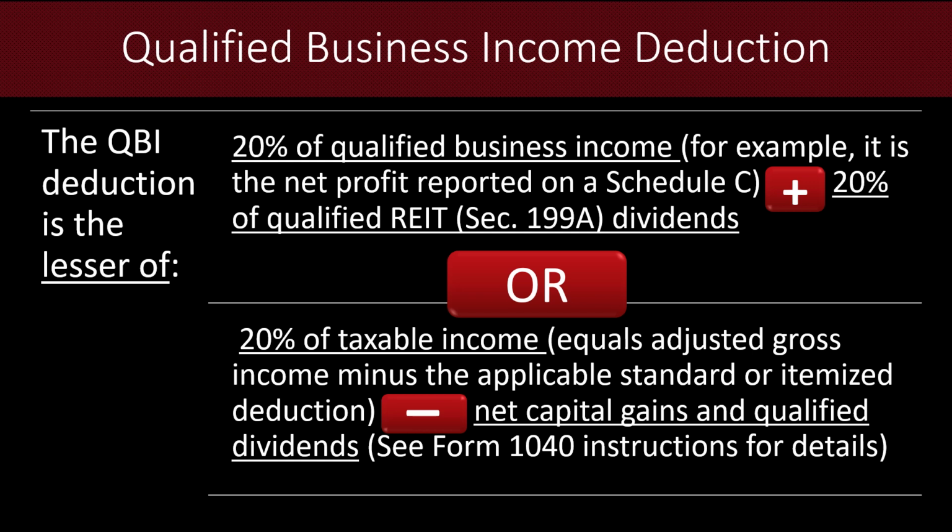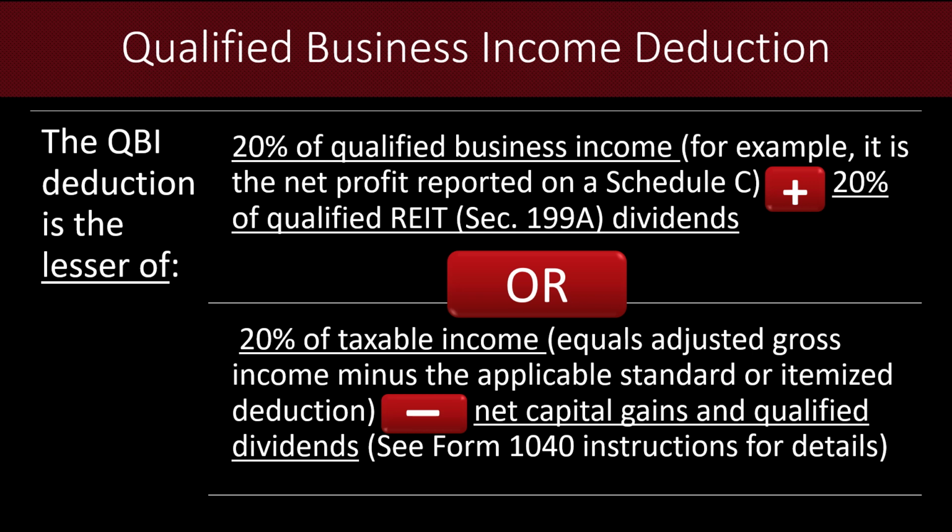So situation 2 is if the taxpayer has a taxable income that is lower than their qualified business income, which happens because we might have other capital losses, or we might have adjustments to income that lower the taxable income to a lower amount than what the qualified business income was.